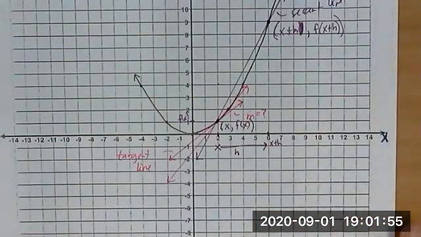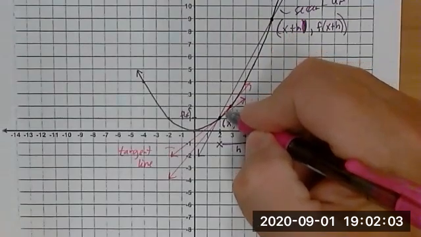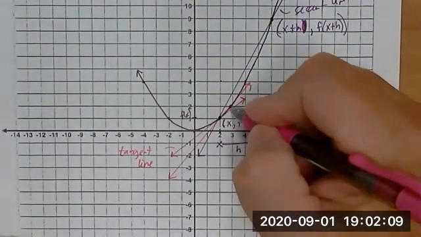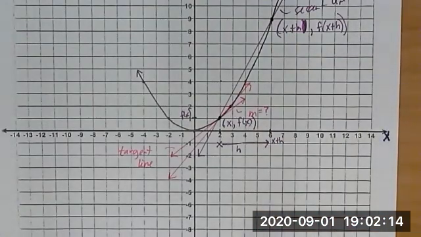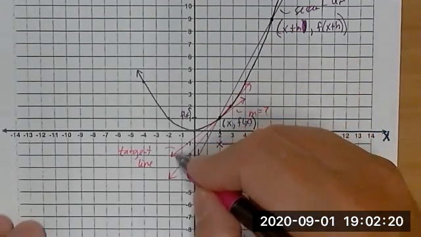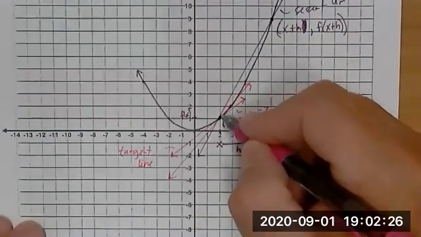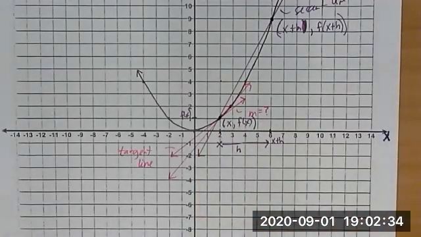And the principle is, we can't really show it here, but you know what you can do? If you keep taking that second point and keep moving it closer and closer to the first point, then the secant line begins to look almost like the tangent line. You can imagine in your mind, if you put the second point almost right next to the first point, and then you drew the line, it would almost look just like the tangent line.